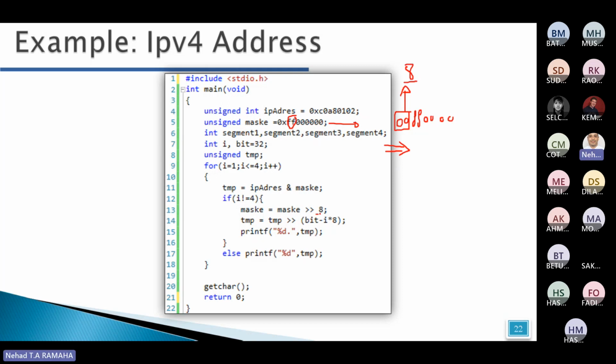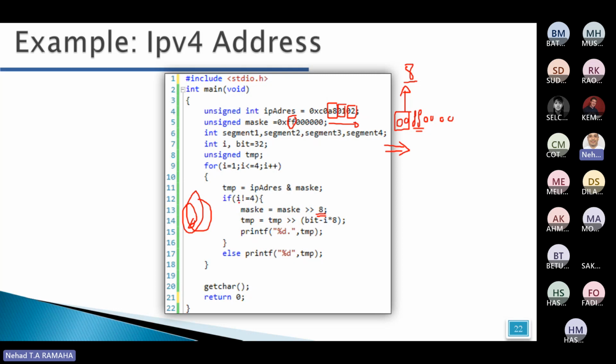So we make shift 8 bits. If you make shift 8 bits for the mask, this FF will be moved here. So every time, you have to shift the mask also. Why? To take the next two digits, then to take the next two digits, then to take the last two digits.